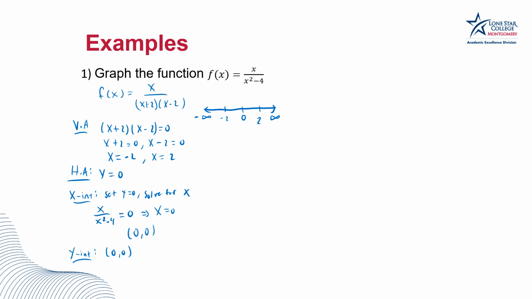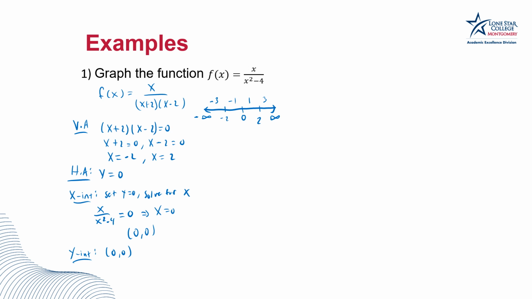Then we pick test points in each interval to figure out the behavior, whether it's positive or negative. If it's positive, it's above the x-axis. If it's negative, it's below the x-axis. So we pick negative 3, negative 1, positive 1, and then positive 3. We take these x values and test them to see if we get negative or positive.